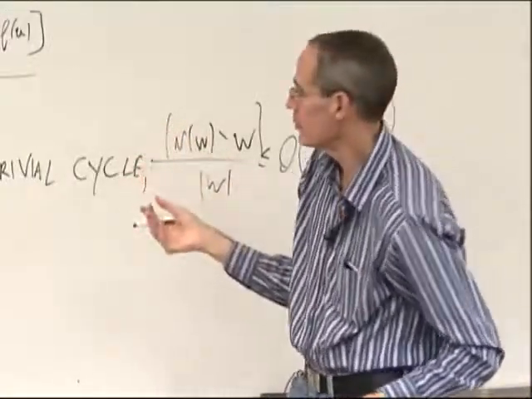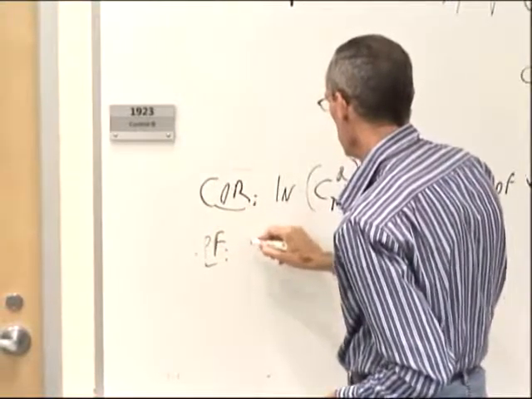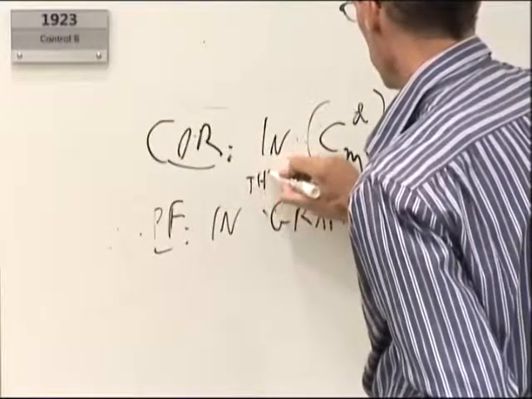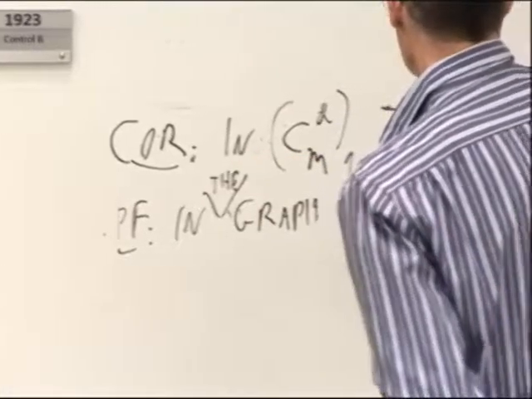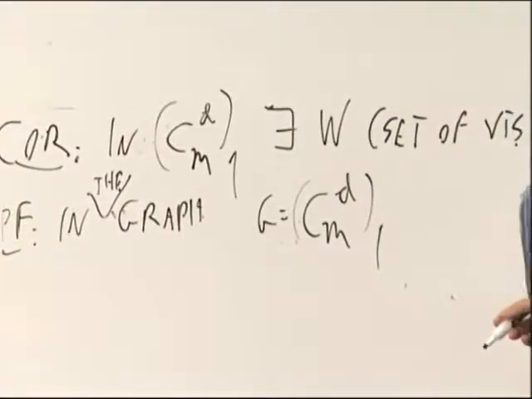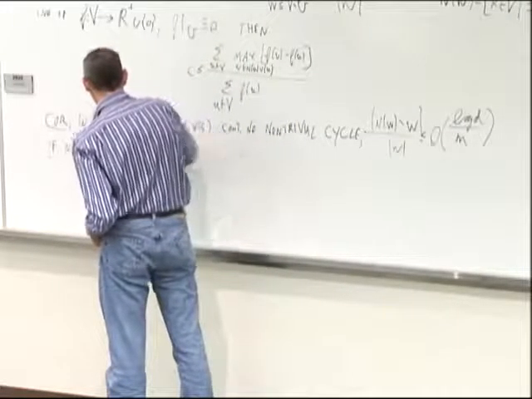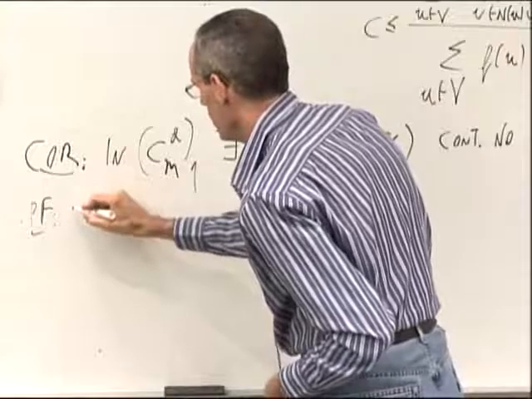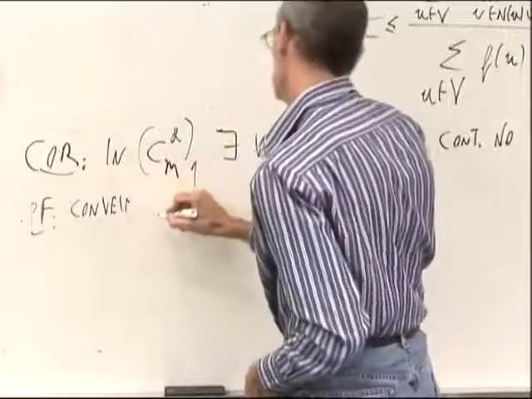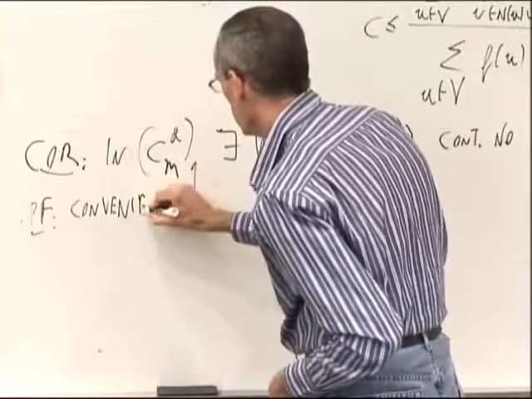And how do we prove this? We just want to use this previous thing in the graph G, which is this C_m^d.